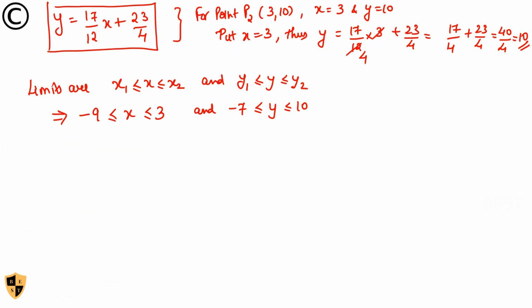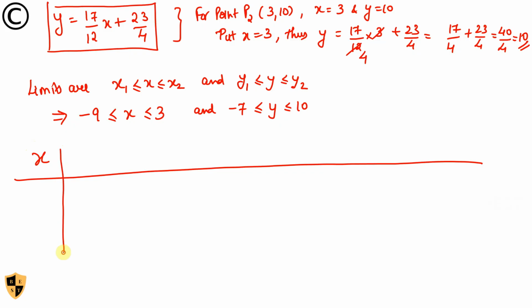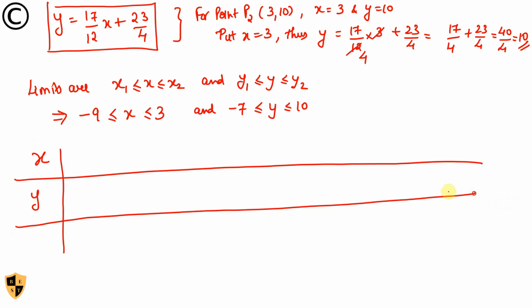So now in this case, if you want to visualize the line, you have to vary your value of x between the limits from -9 to 3 and y from -7 to 10. Take any value of x. For that particular x, you will get y and you will get the coordinates.